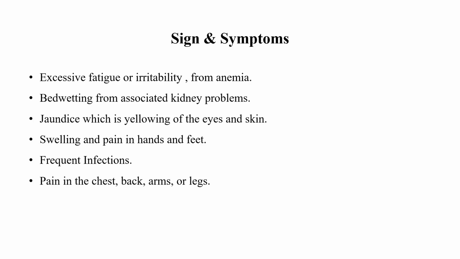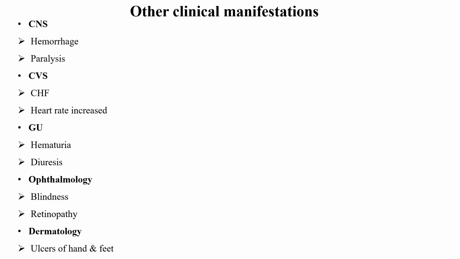Other clinical manifestations include, in the central nervous system, hemorrhage and paralysis; in the cardiovascular system, congestive heart failure and increased heart rate; in the genitourinary system, hematuria and diuresis; in ophthalmology, blindness and retinopathy; and in dermatology, ulcers of the hands and feet.